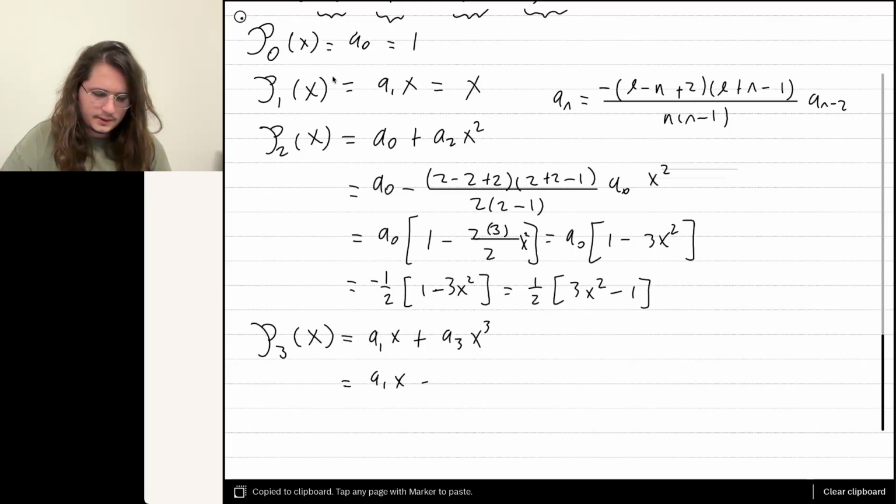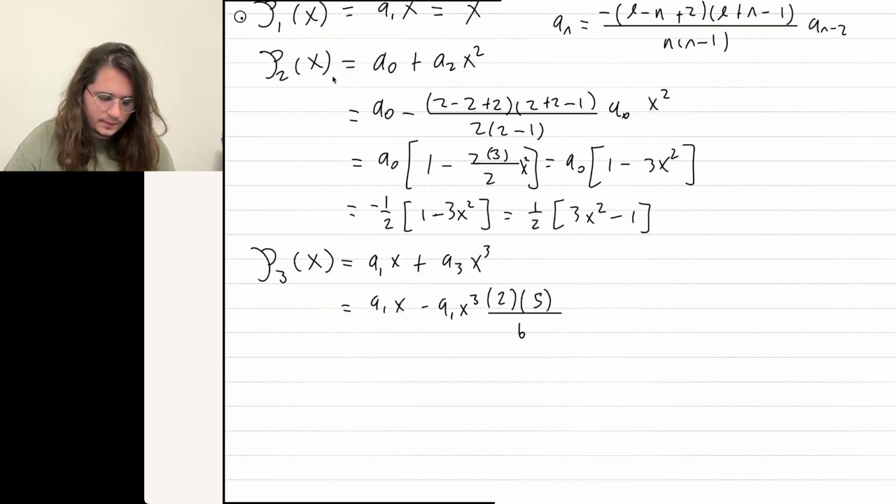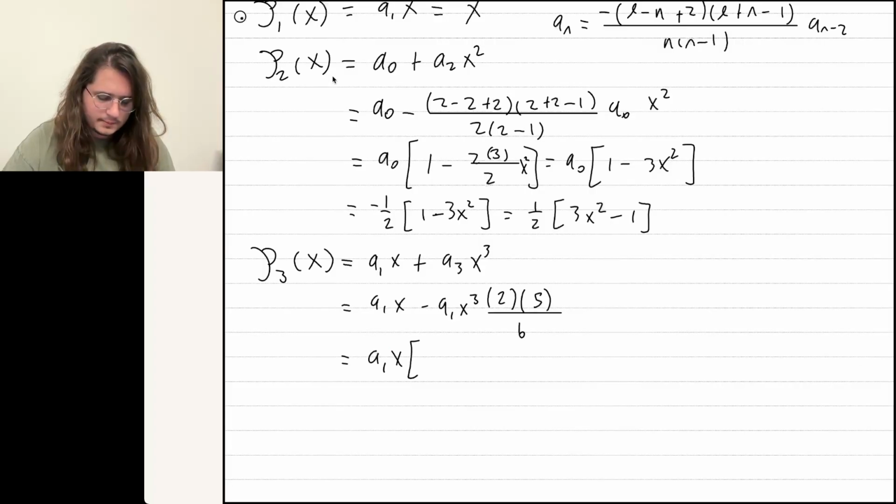So it's going to be a1 x cubed times, up here it's going to be 3 minus 3, so 0 plus 2, and then 3 plus 3, so 6 minus 1 is 5. And down here it's going to be 3 times 3 minus 1, so 3 times 2, so 6. Okay, so we've got a1 x times 1 minus x squared times 5/3.